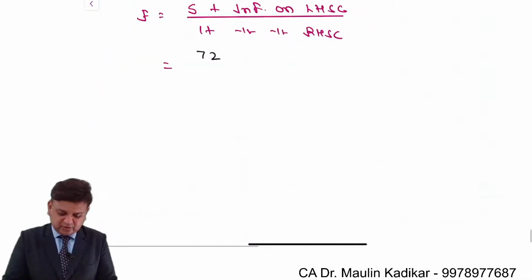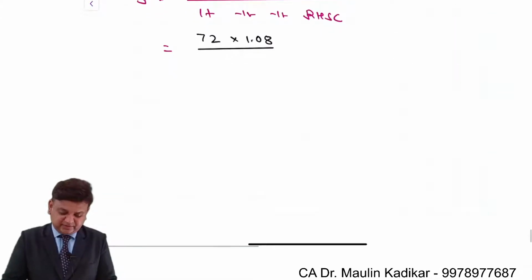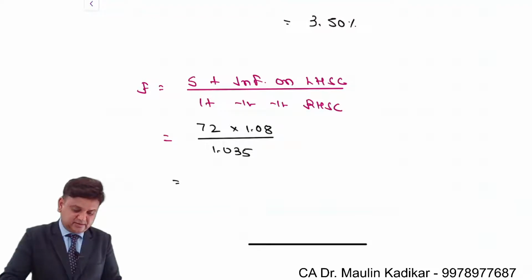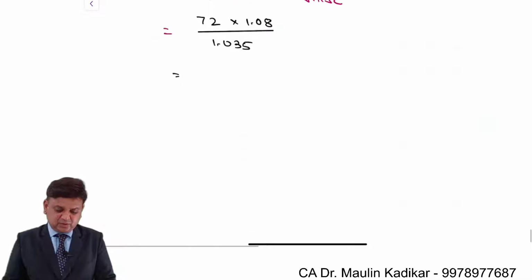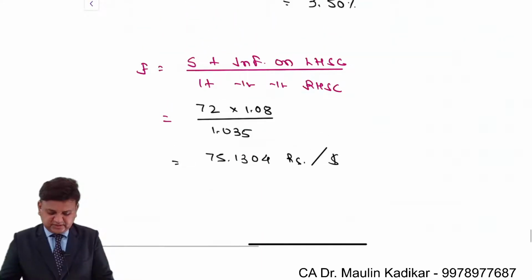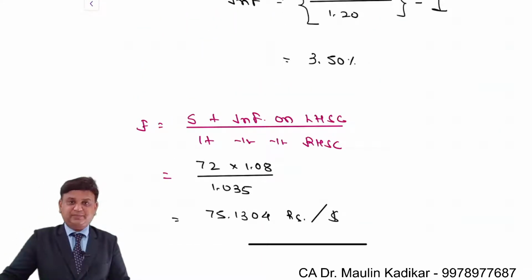So 72 into 1.08 divided by, the inflation rate for dollar currency is 3.5 percent, 1.035. This is the way we can compute the forward exchange rate. The answer is 75.1304. This is the way we can compute the forward exchange rate as per PPPT.